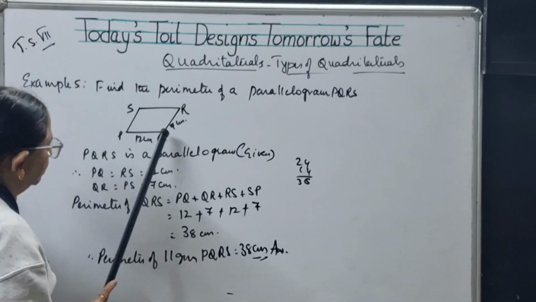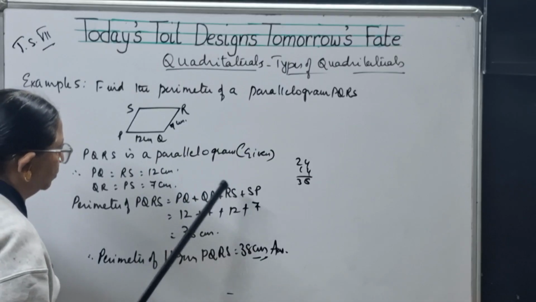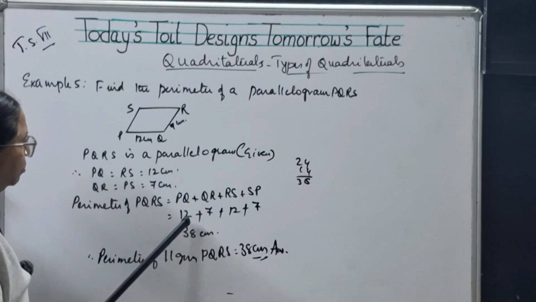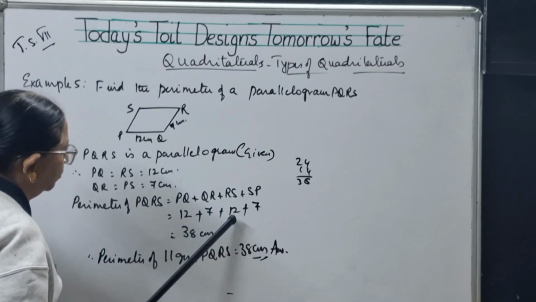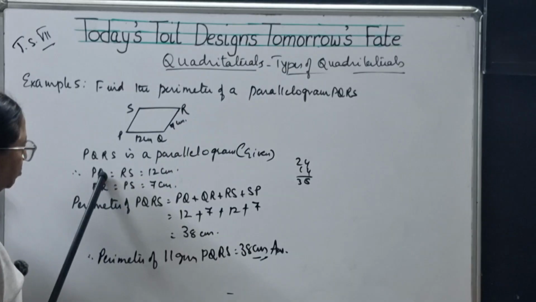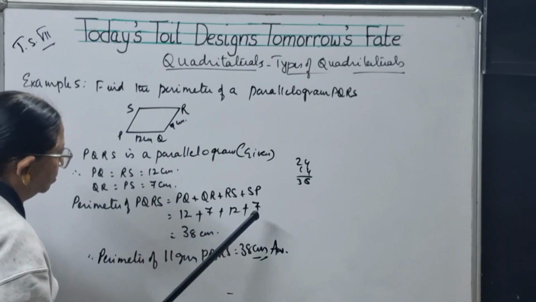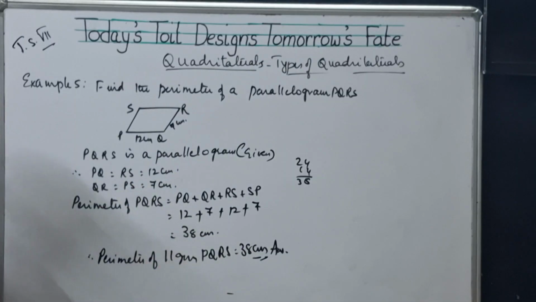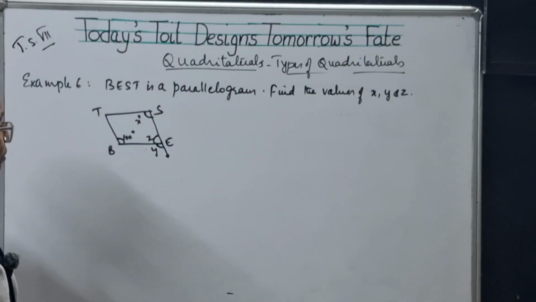So perimeter means the sum of all the sides, PQ plus QR plus RS plus SP. PQ is 12, QR is 7, RS is 12 and SP is 7. On adding, you get 38 centimeters as the perimeter, children. Please note it down.